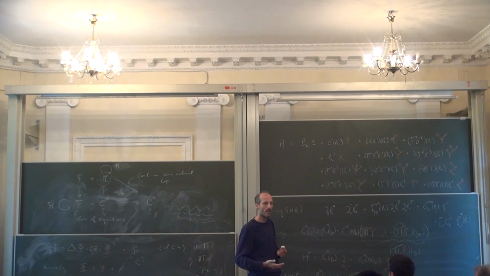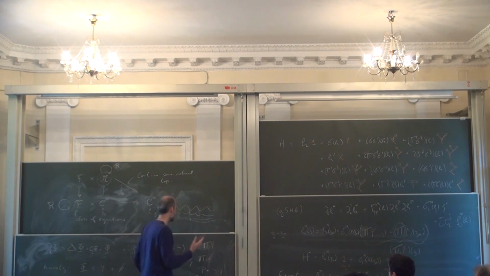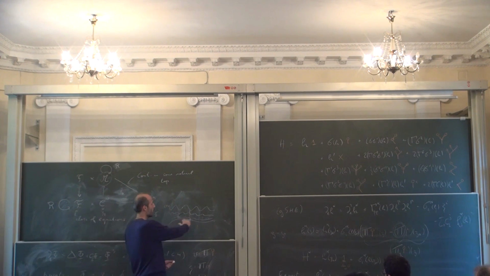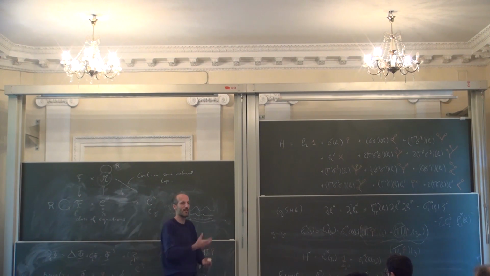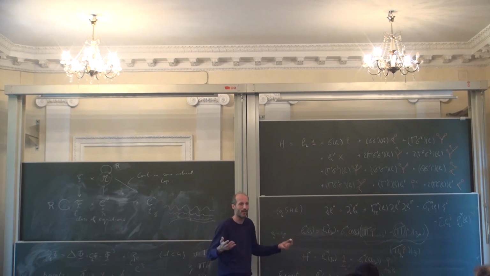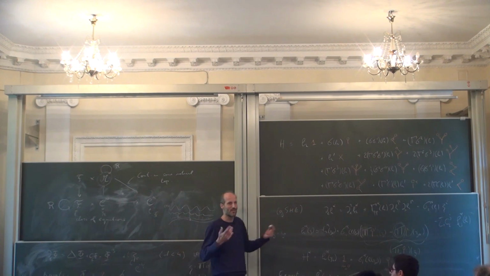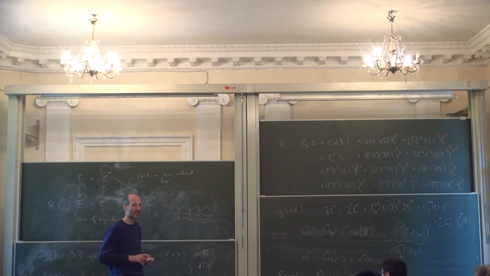The point here is that you want to get a finite dimensional family of possible limits. You don't want an infinite dimensional family of possible limits parameterized by arbitrary functions, because then it just doesn't make much sense anymore. Okay.